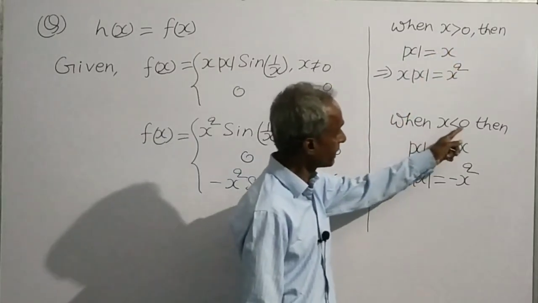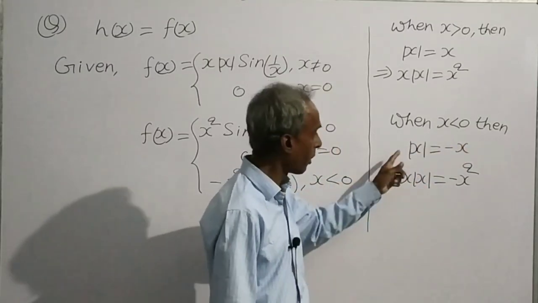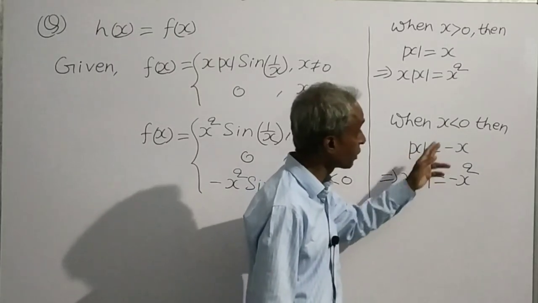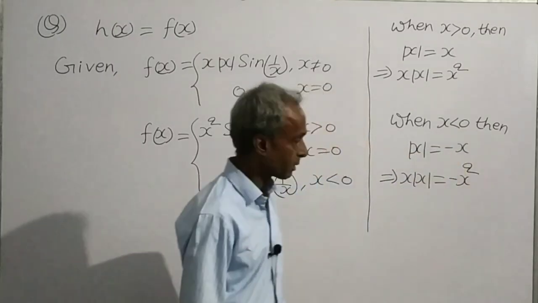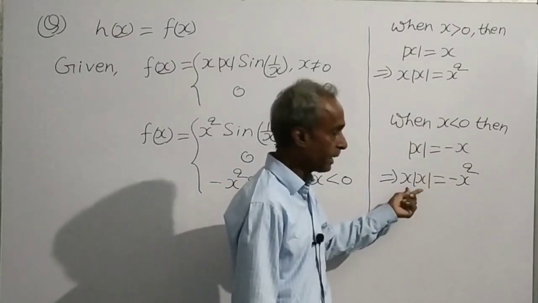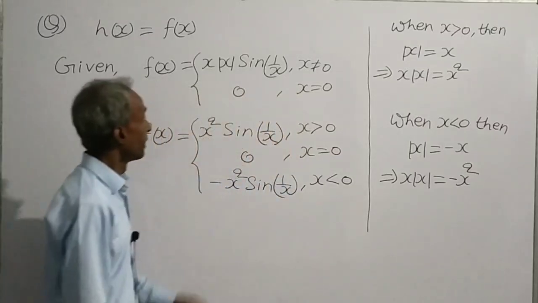When x is negative, then the rule to remove mod is that mod of x is written as minus x. Multiplying both sides by x, we get x mod x is equal to minus x square.